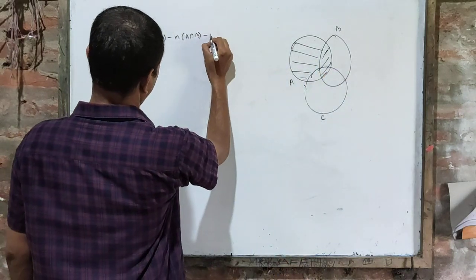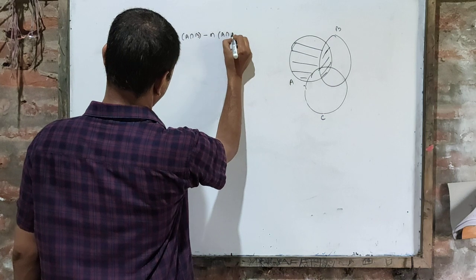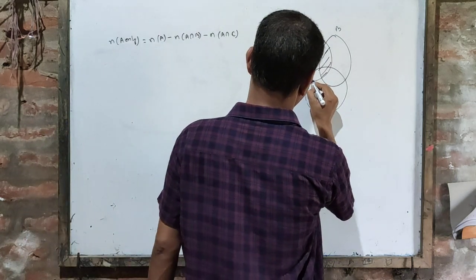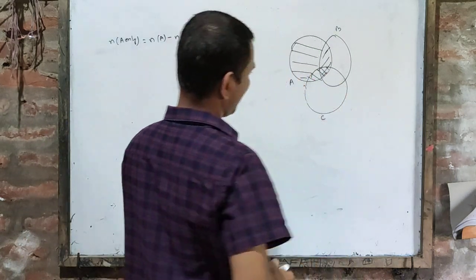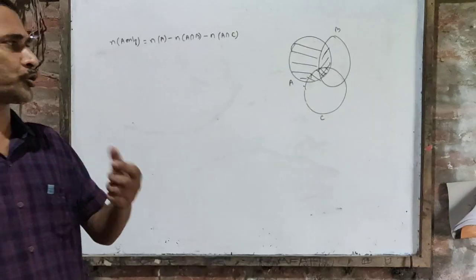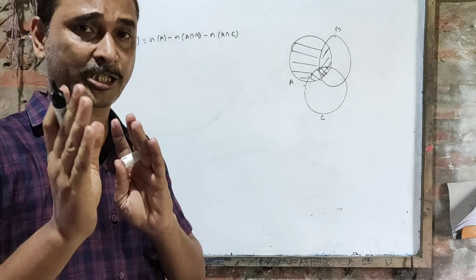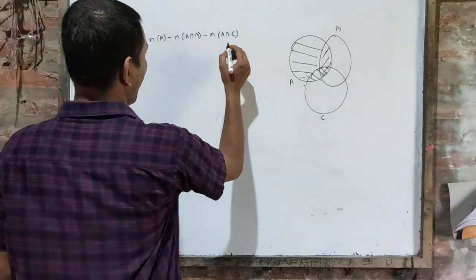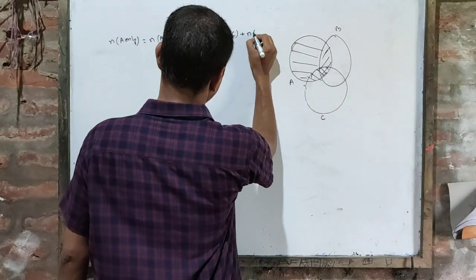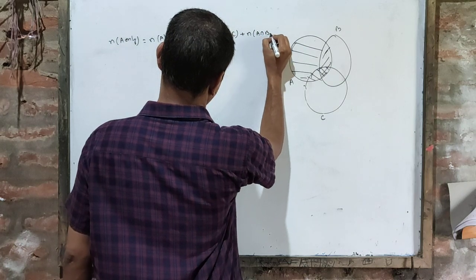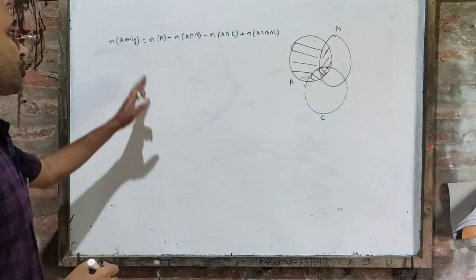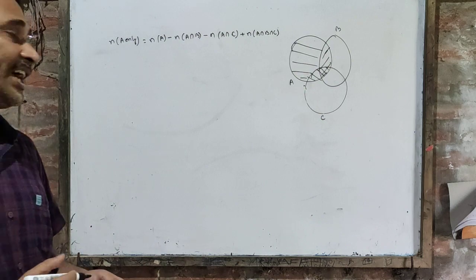Then we subtract n of A intersection C. Have we subtracted any portion twice? Yes, this portion has been subtracted twice, but it needs to be subtracted once only. So you add once n of A intersection B intersection C. So this gives the formula for n of A only.